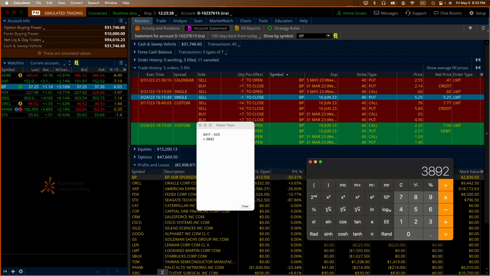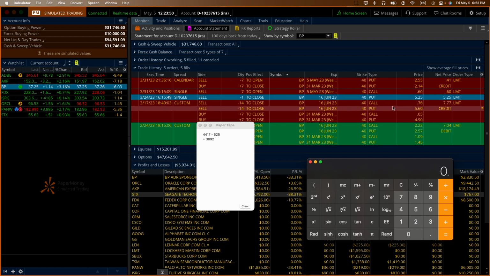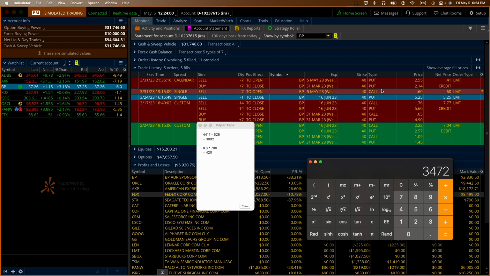Okay, so that's my new price. Then we have the 7. Let's clear the memory and add it. Then we have 0.6 times 700. That's another subtraction. We subtract from our memory and recall it. Okay, that's the new price.